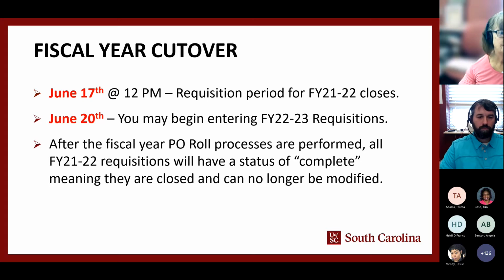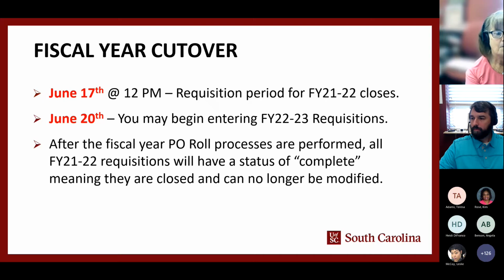So just remember that. And then again, after the fiscal year purchase order roll from one fiscal year to another, after that roll processes are completed, then all your fiscal year 21-22, which we're currently in right now, will have a status on your manage requisition page that will say complete. So when you look at the statuses, they might say pending, approved, PO created.